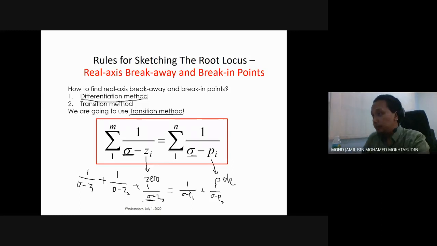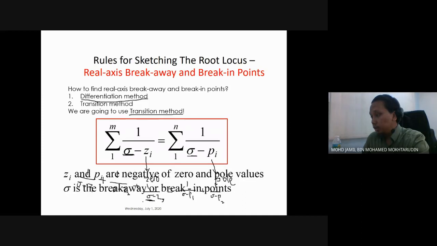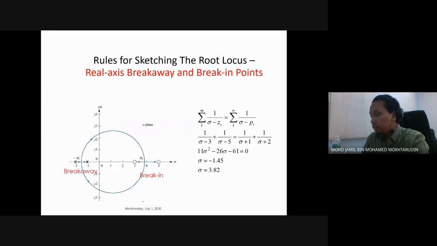Let's look at an example of how to use this method. From this root locus, the X represents the poles and the circle represents the zeros. Here you know that the poles are -1 and -2, and the zeros are 3 and 5. Using the formula, the summation of 1 over sigma minus zero equals the summation of 1 over sigma minus pole.